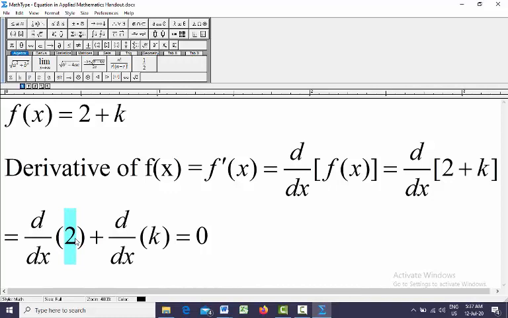Here x is the variable. Since there is no variable in 2, the differentiation of this one is 0. It is like a constant because it doesn't have any variable, and differentiation of a constant is 0. So this one will be 0.